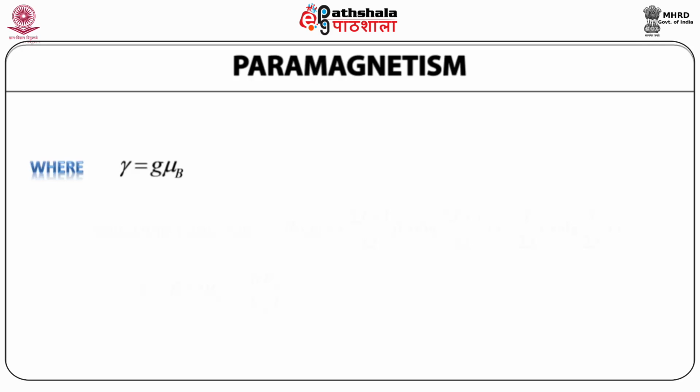Now remember that how we have derived this is a very important thing to understand, even though I have not shown it in these slides. Just to briefly tell you, we consider the first case. We assume that only the lowest 2J plus 1 states are thermally excited.